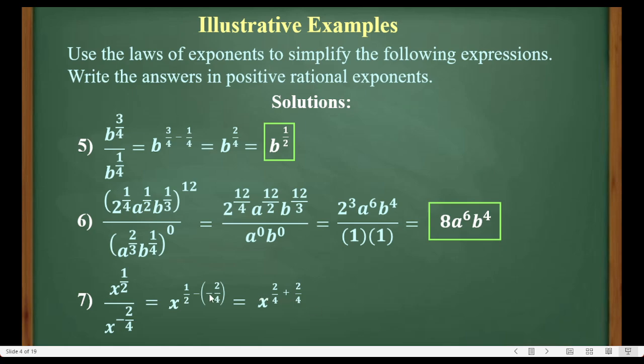So we simply get the LCD. So 1/2 will become 2/4. And we know 2/4 plus 2/4 will give us the result of 1. So the answer here is x raised to the first, or simply x, as our answer to number 7.